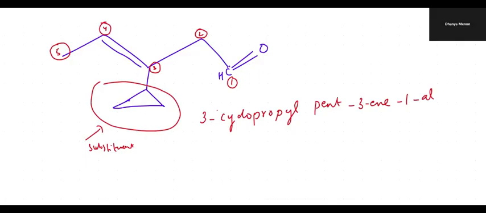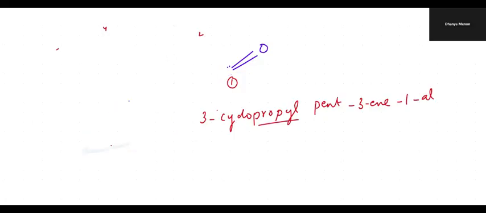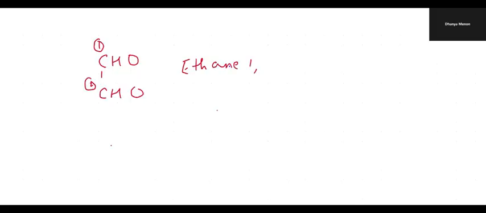Okay. So propyl because it's a substituent. Now coming to the next question. Suppose if I give CHO, CHO. So 1, second position. Now ethane 1,2-dial.